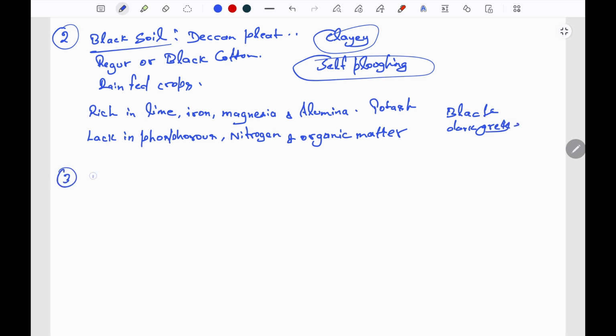Third one is red and yellow soil. Generally occurs in areas of low rainfall in eastern and south part of Deccan Plateau. It develops a reddish color due to diffusion of iron in its crystalline form, and it is yellow when it is hydrated.